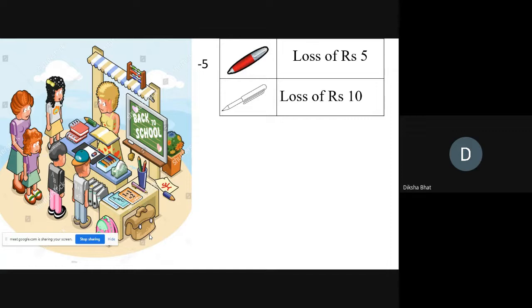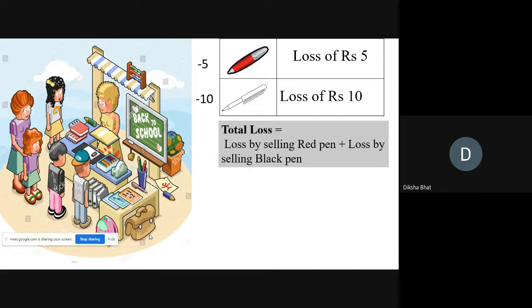Now, if we have to find the total loss, we will have to find the individual loss. We know that loss is expressed using negative sign. So what will be the total loss? Okay. As you can see, both are negative integers. For addition of any two negative integers, we add them without sign and prefix it with a negative sign. So total loss is equal to loss by selling red pen plus loss by selling black pen. What is the loss by selling red pen?